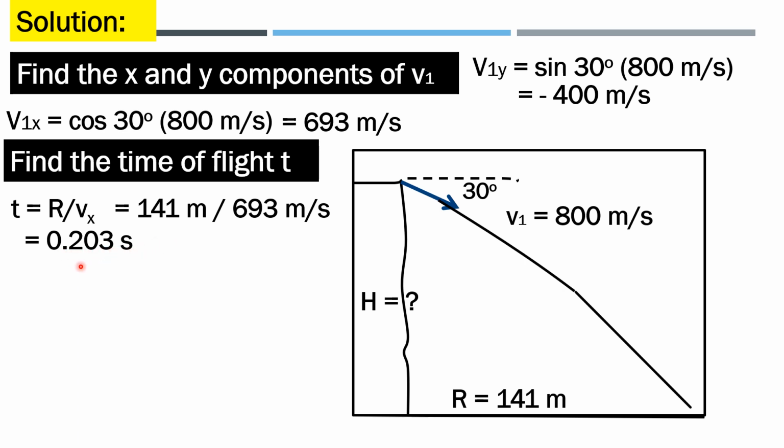We follow the rules of significant figures where our answer has to be in 3 significant digits. So that's the time of flight, okay? That will now help us determine the variable height, or the downward displacement of the bullet, sometimes also referred to as the delta y.